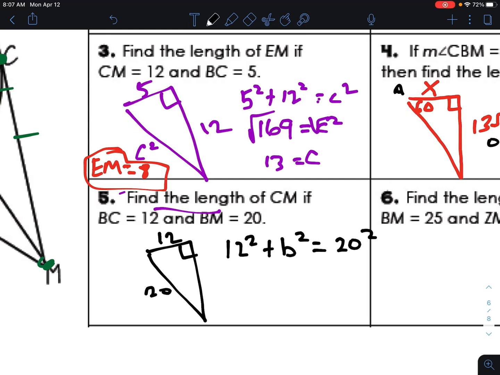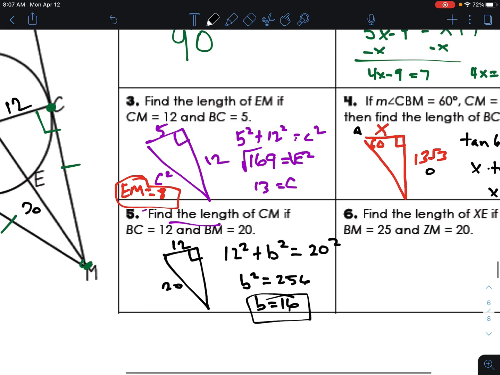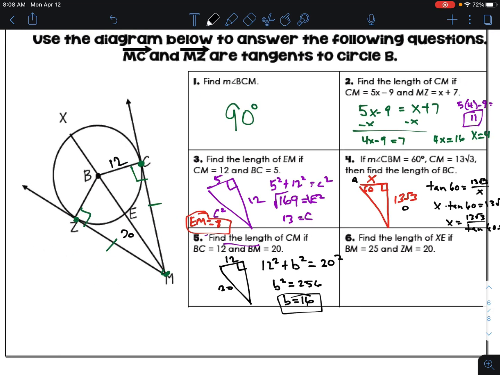So we got 400 minus 144. So we have b squared is equal to 256. And then the square root of 256 is 16. Yahtzee, we're rolling.